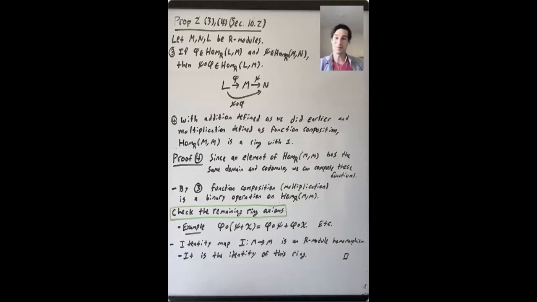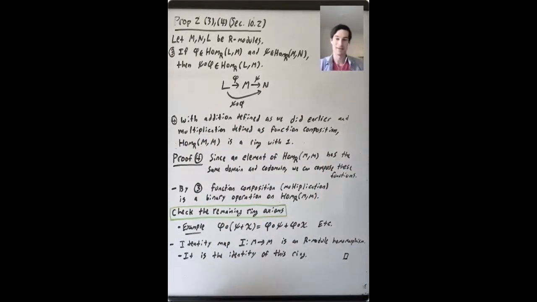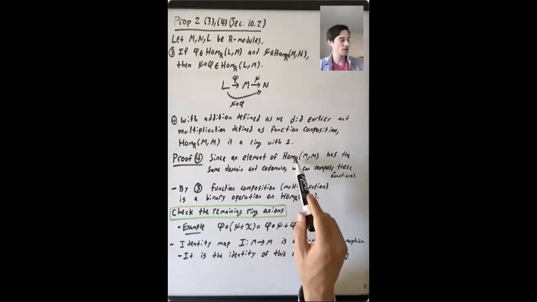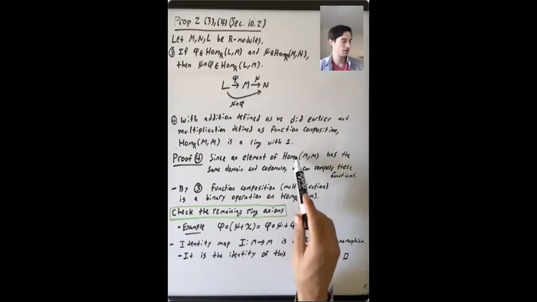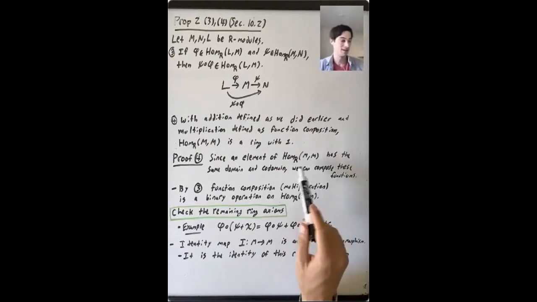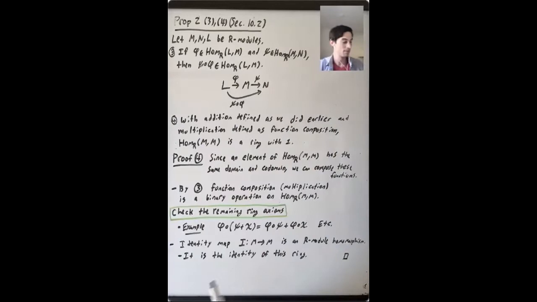I'll just say a little bit about the proof of this last part of the proposition. So first, if you have an R module homomorphism from M to M, the domain and the codomain are the same. So you can certainly compose R module homomorphisms from M to M. You can first do one, then do another. So this composition makes sense with this setup here.